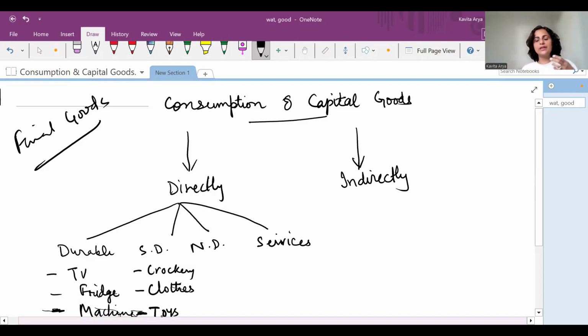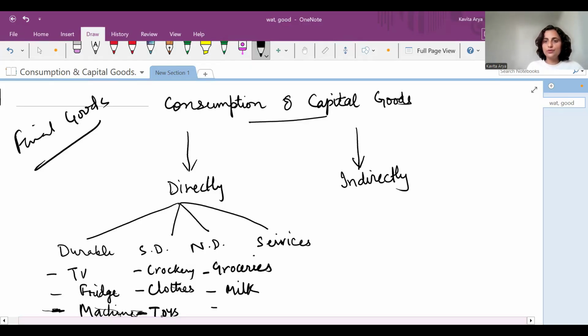Non-durable means the things which get consumed up. For example, the milk which is used up in making coffee or tea, the salt and pepper used up in cooking food, the groceries, milk, sugar, and the fuel you use for your scooters and cars.